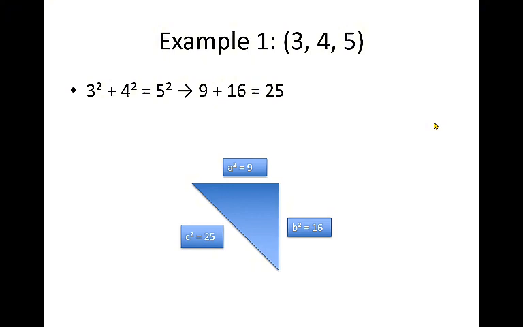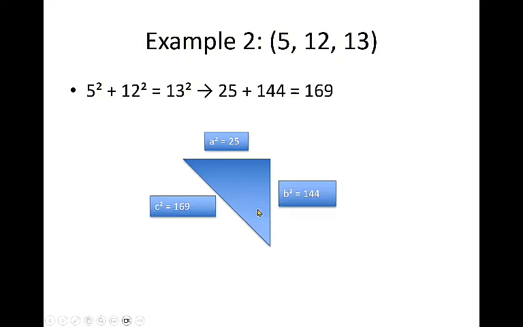For our next example, number 2, we have 5, 12, and 13. Now let's move to slightly bigger Pythagorean triples. Just like the previous example, the triangle is right-angled, right? We attach the squares to each side.